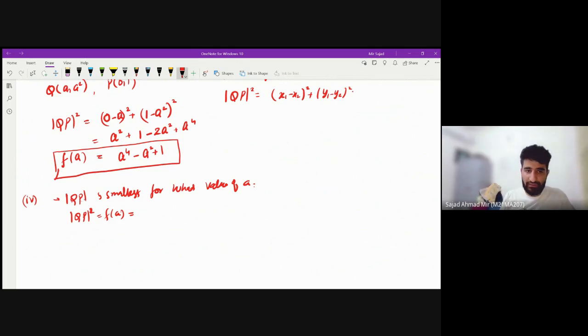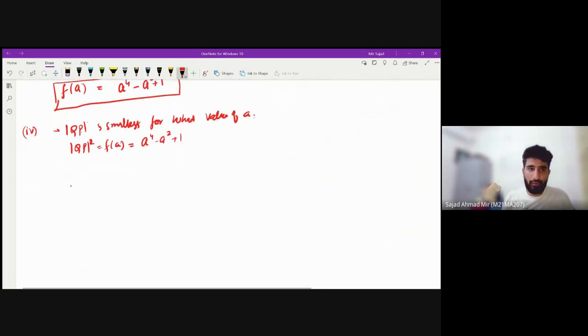Now, since this is a positive term, the same thing will work here, because it's a continuous and differentiable function, a simple polynomial function. Now, this is a problem of calculus of finding the maxima and minima.